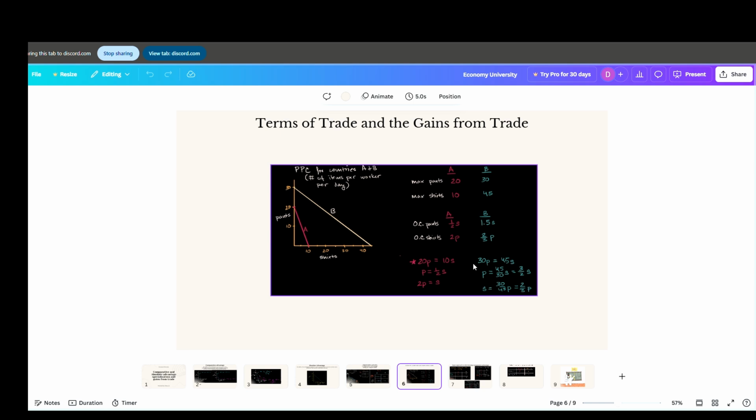So in other words, in terms of pants, A will be willing to sell pants at a price of more than half of the shirt. It's beneficial for them in this case. And B is willing to buy pants at a price of less than 1.5 shirts, because it is again beneficial for them.